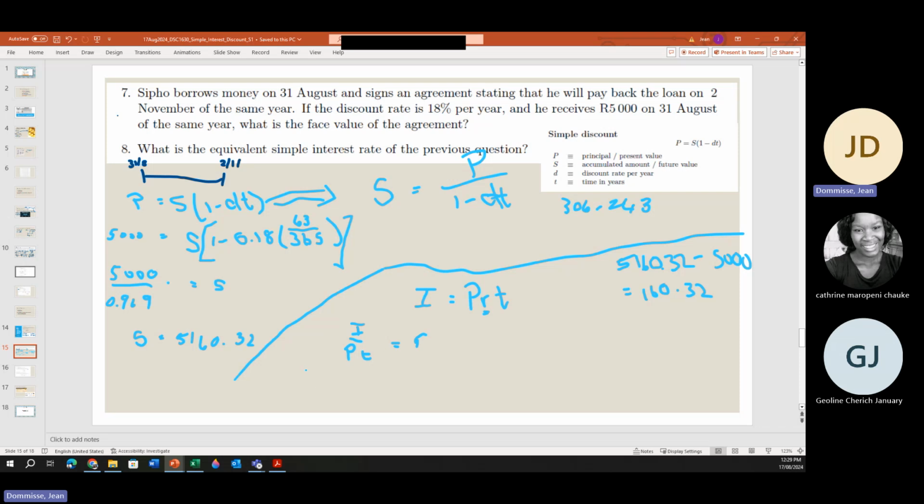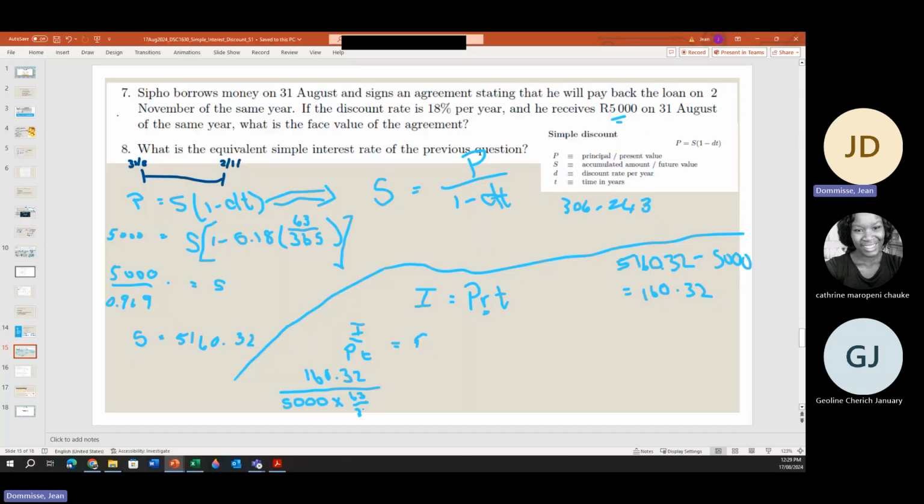The interest was 160.32, the principal they told us was 5,000, and the term is again 63 divided by 365.